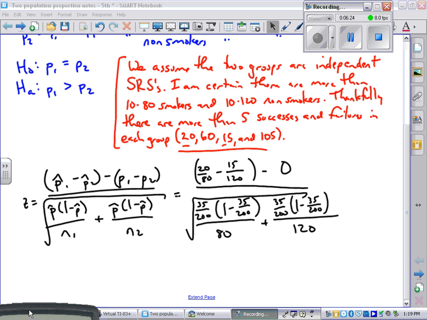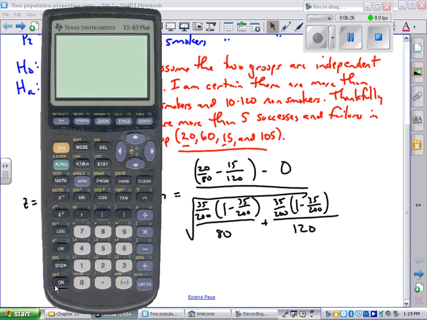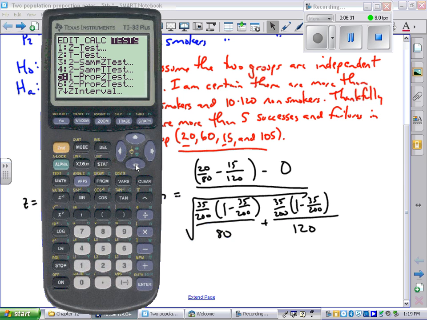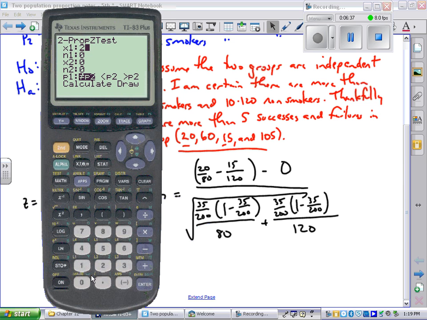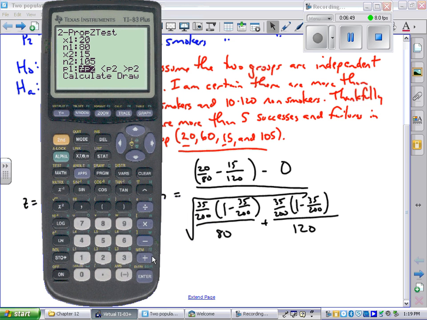Now, of course, we're not required to do all this the long way, but we can use our calculators to go STAT, TESTS, 2-PropZTest. That's 2 proportion z test. And type in your data here, 20, 80, 15, and 120. One-sided greater than test.